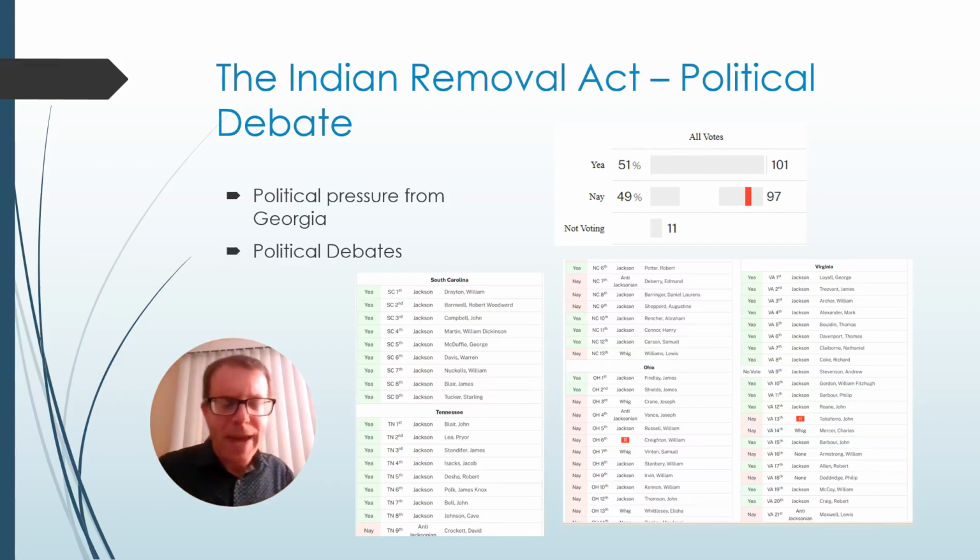And so first, it does successfully pass in the Senate, but it's actually opposed by most of the North, including the state of Ohio. Both of Ohio's senators actually oppose the Indian Removal Act, to their credit.